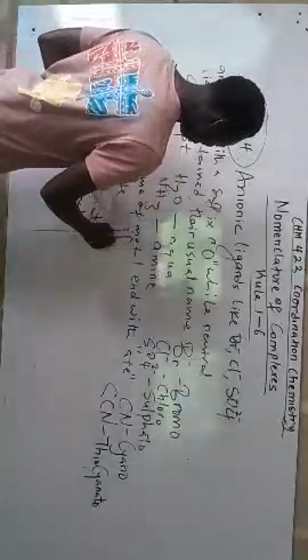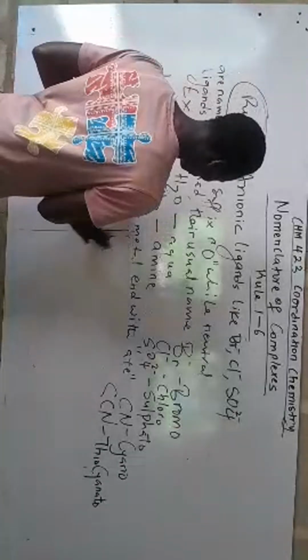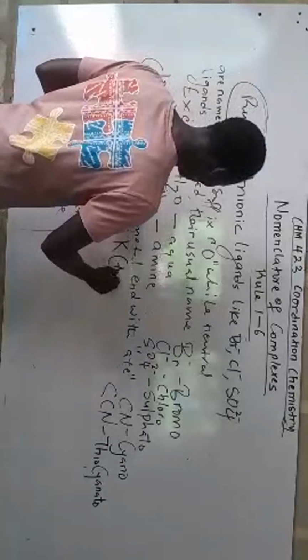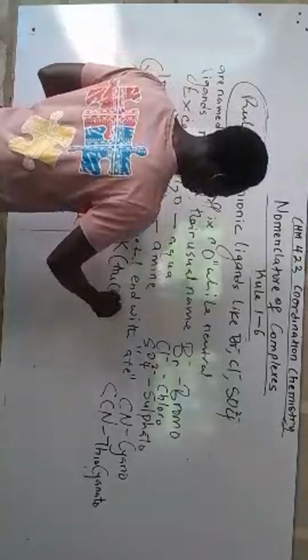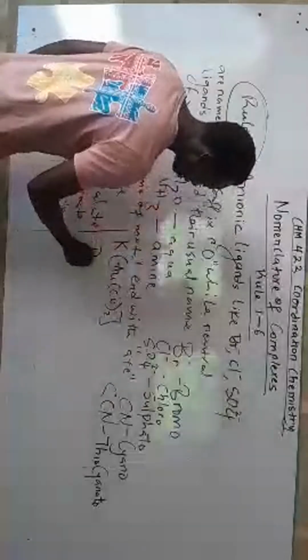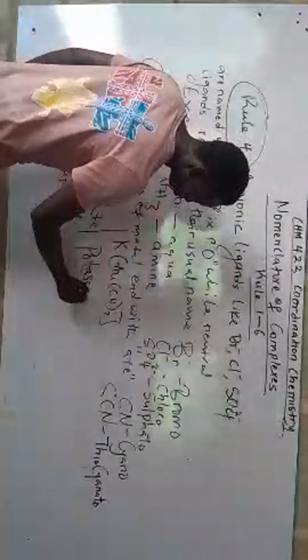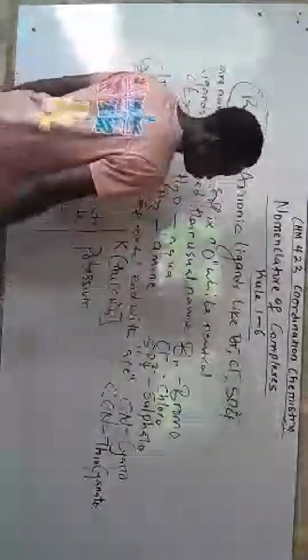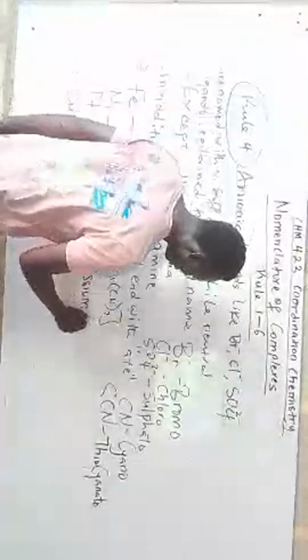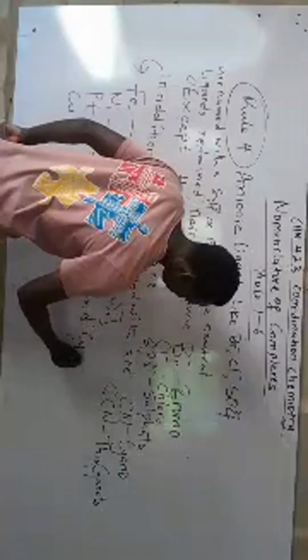And the last one that I have there will be where we have K, Au(CN)2 close bracket. This will be potassium, followed by, we are going to have 2 of the cyano, that will be dicyano.